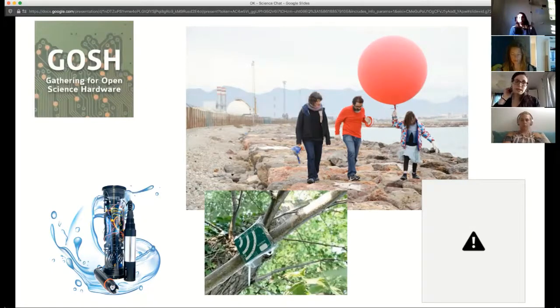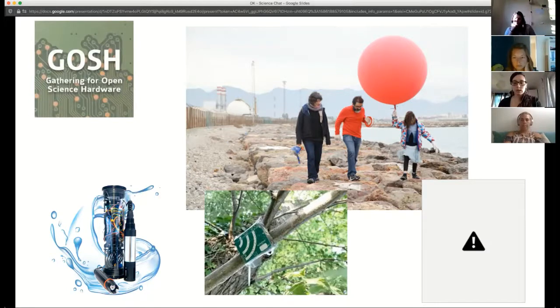So since then, there has been a lot happening, and the open hardware for science has grown a lot, both in terms of community initiatives, grassroots initiatives, but also in academia, right?